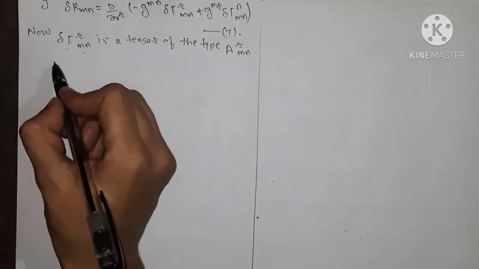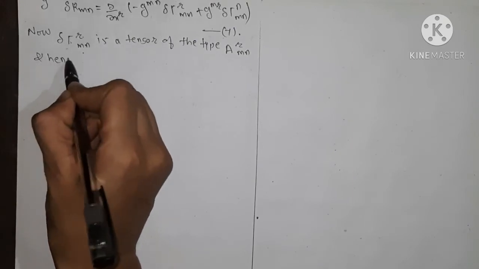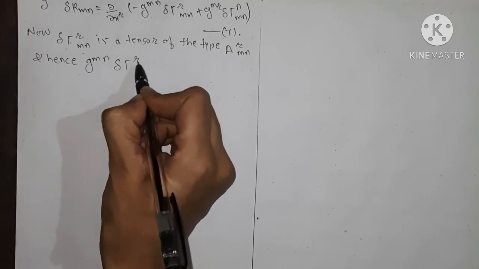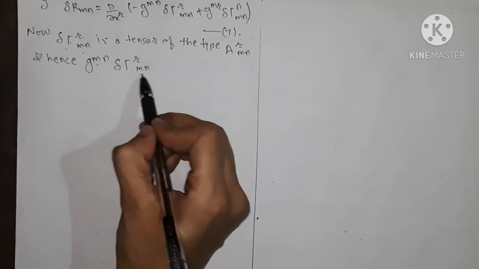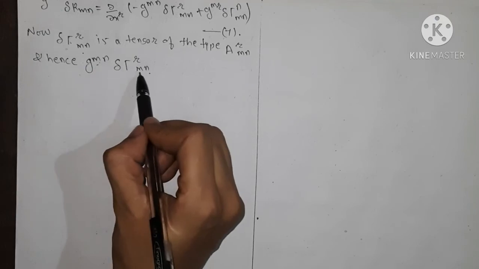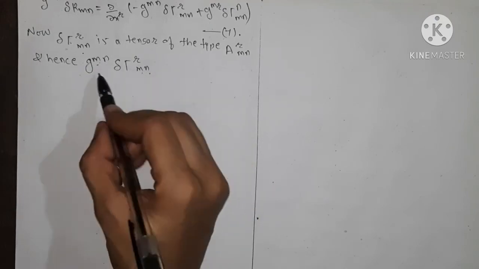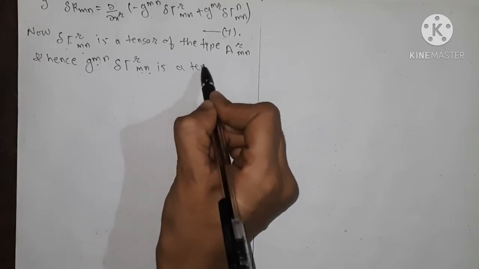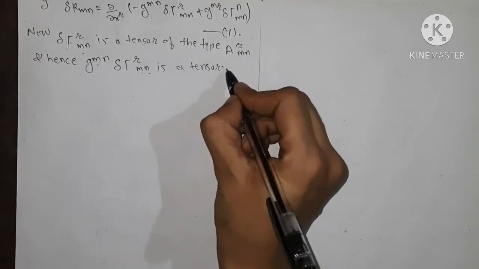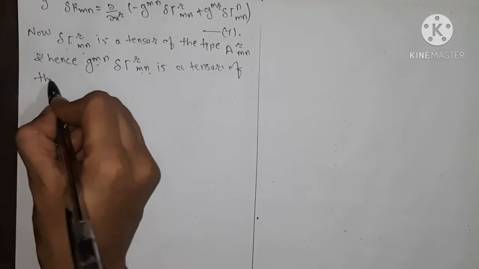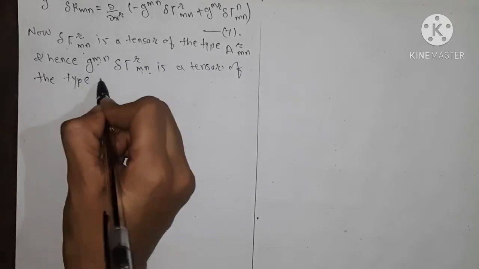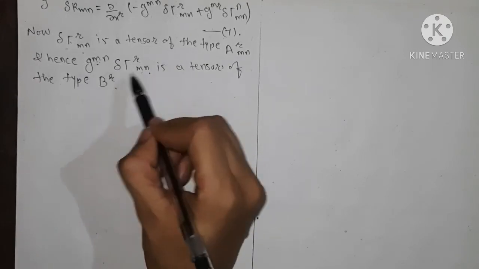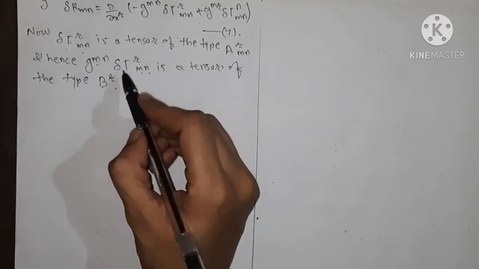Okay, and hence g^{mn} δΓ^r_{mn}, since mn is repeated here, gets cancelled, and we have a tensor of the type B^r. We take this type as B^r, that is only r is present, mn gets cancelled.